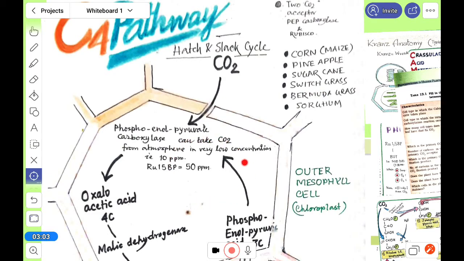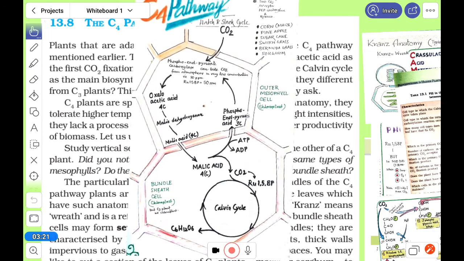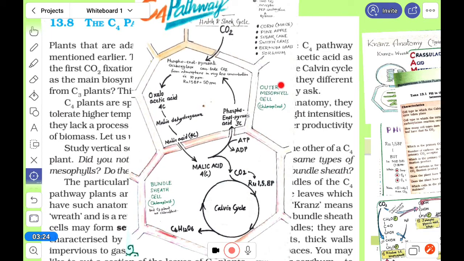This cycle is found in the outer mesophyll tissue and also the bundle sheath. Look here: the outer mesophyll cell and the bundle sheath cell. Two different cells are involved, whereas the C3 cycle requires only the mesophyll tissue. These are the differences we can see.